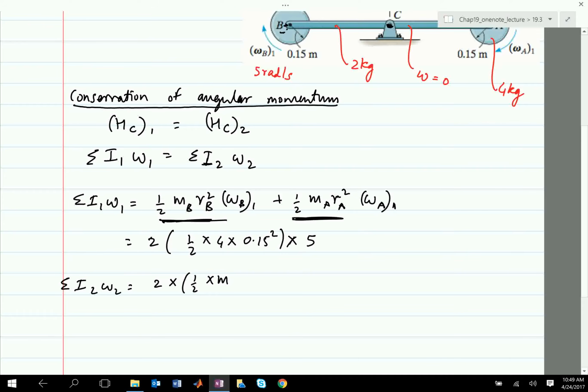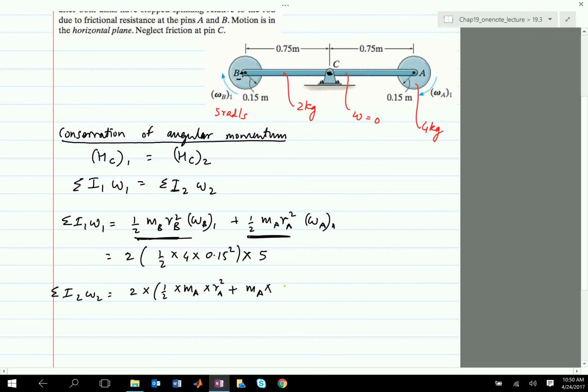I'm only going to write the inertia of A, and then that's simply twice for the other mass, times R_A square plus M_A times the distance between C and A, which is 0.75 square, plus the inertia of the rod ACB, which is 1/12 mass of rod times the length of rod square.